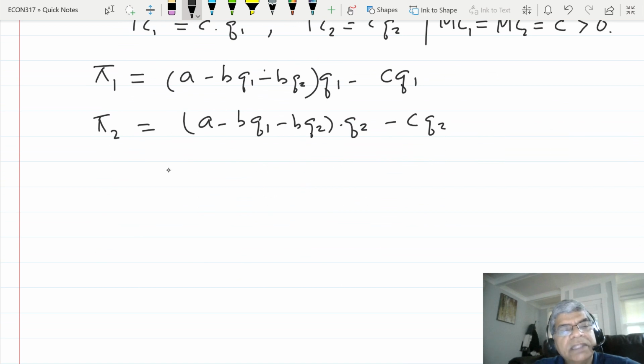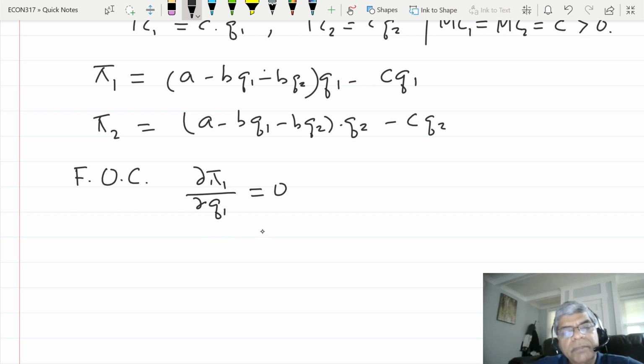Since each firm takes the quantity of the other firm as given, it maximizes its profit by choosing its own quantity while treating the quantity of the other firm as a constant. So I will write down the first order condition for firm 1, which is the partial derivative of its profit with respect to Q1 equal to 0.